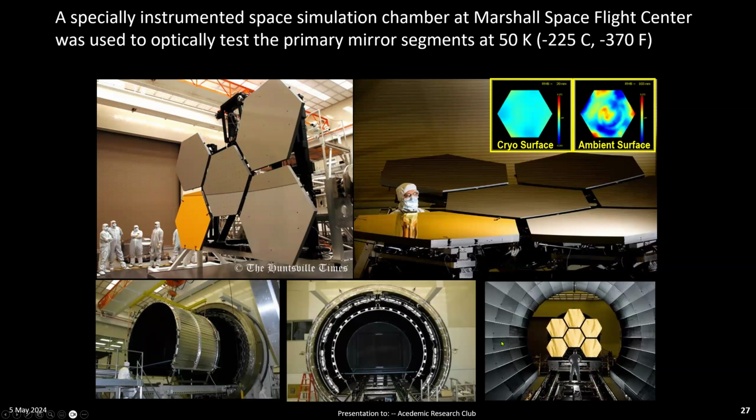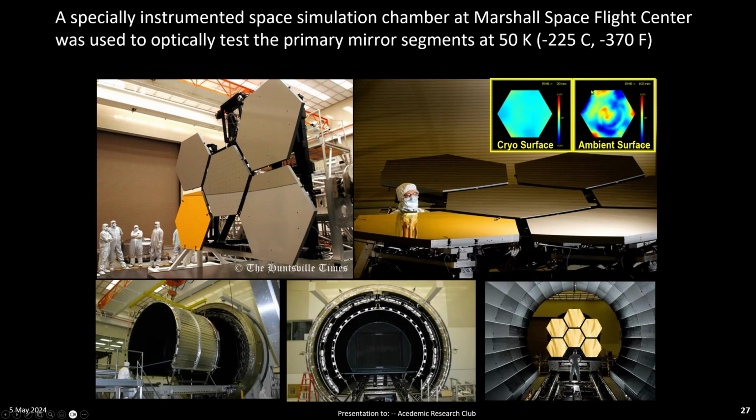Then we would make adjustments to the model and continue the polishing. And this process took a very long time. This is one of the reasons why it took so long to build the Webb telescope, but it was completely successful in the end. Shown here at the upper right is actual data on a typical flight mirror segment.